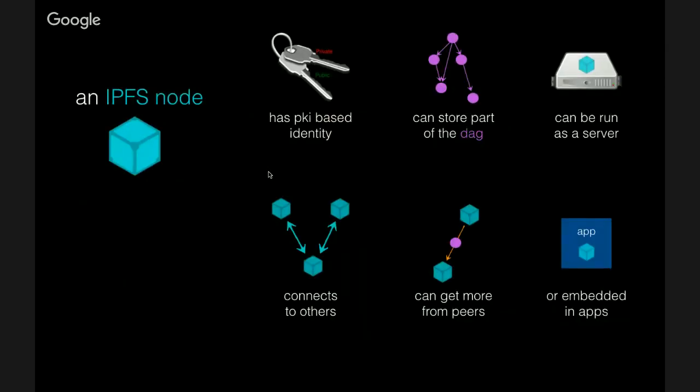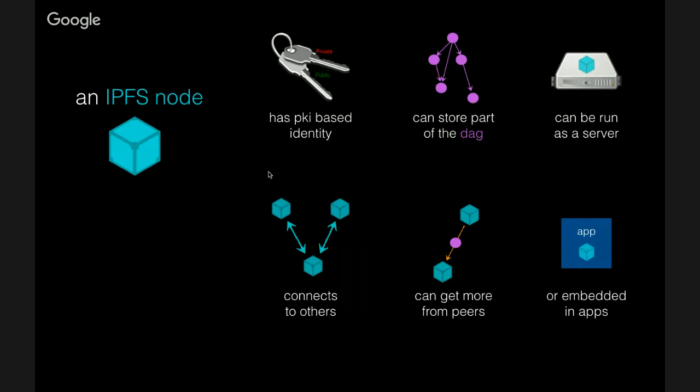So the model for IPFS is that IPFS is a protocol, and it's a program and a set of tools that people run. Whenever there's a running program that implements the protocol, that's called an IPFS node. Each one of these has a public-private key pair.